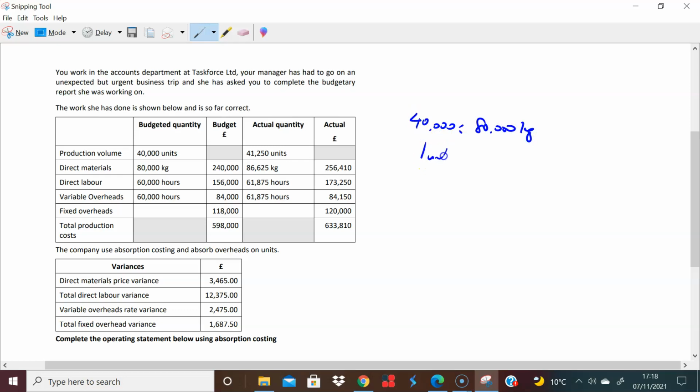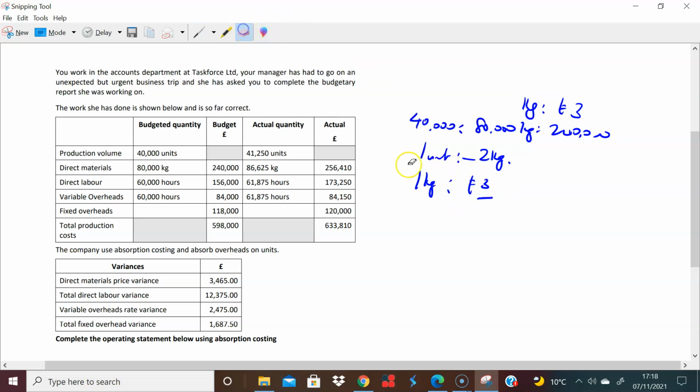So for one unit, you will accept that you need 2 kilograms. You were going to buy these 80,000 kilograms for £240,000, so from a standard point of view, 1 kilogram would be £3. So standards here: one unit, we need 2 kilograms. 1 kilogram should cost £3.